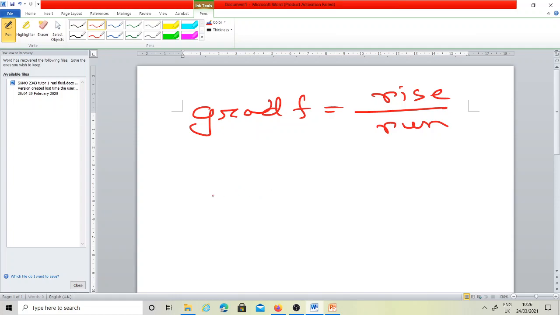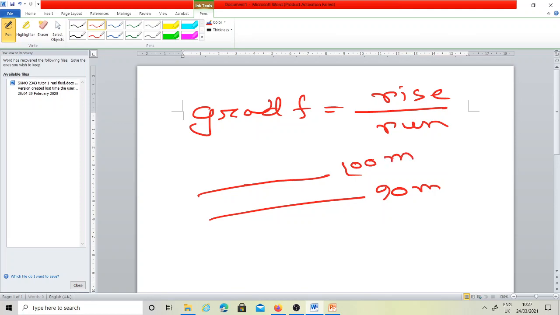For example, we have the contour map. This contour line represents the height, the water level height or the field height, maybe 90 meters. This contour represents the level of height, 100 meters from the sea surface, from one particular baseline, for example.